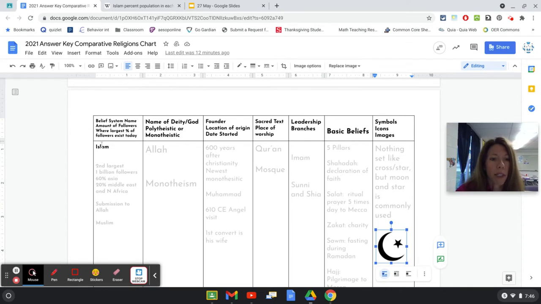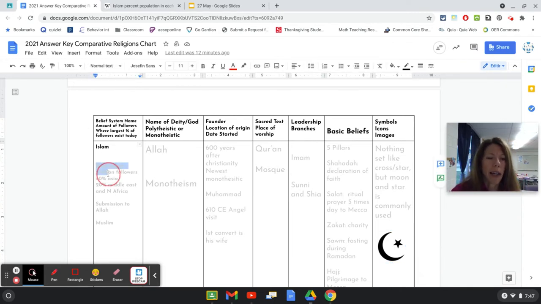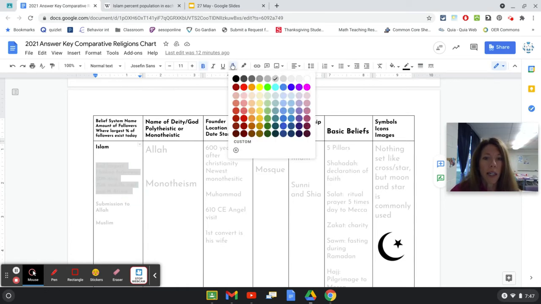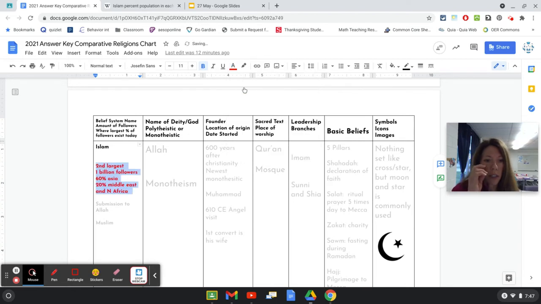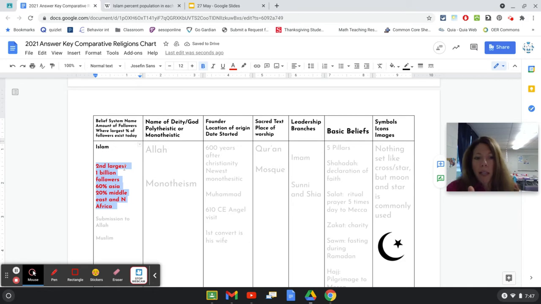So, okay, it says the beliefs. First of all, we're talking about Islam right here. And we should know that it is the second largest religion by number of followers, with 1 billion followers. So if you can add this into your chart, you can abbreviate: second biggest, 1 billion.